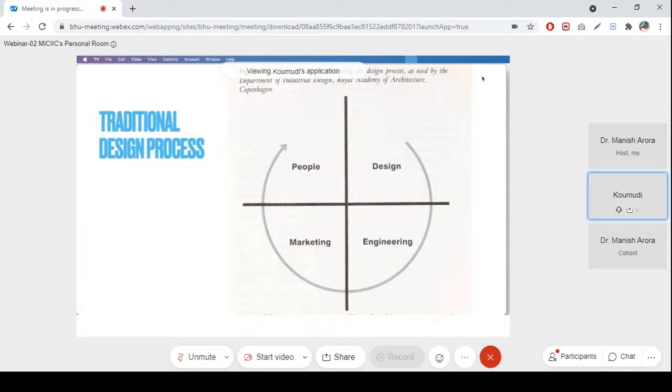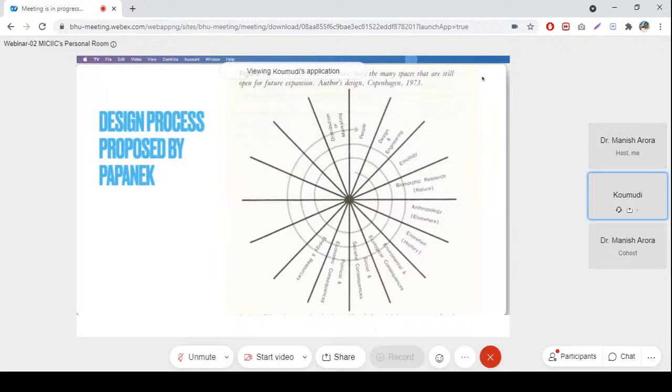Papanek was dissatisfied with the sequence of events in the design process. Papanek proposed an alternative to the sequence. His diagram of a design process is a spiral. It begins with people and curves like a helix through all the sections, repeating its motion continually.